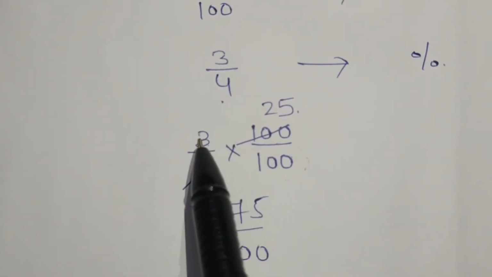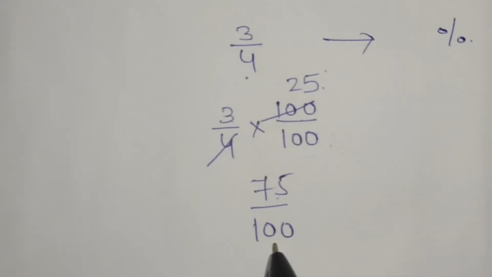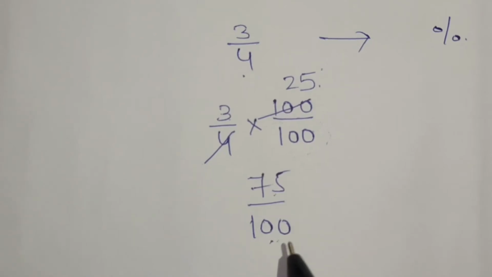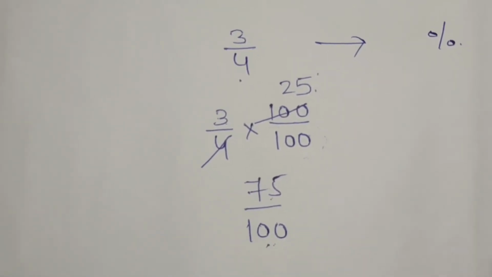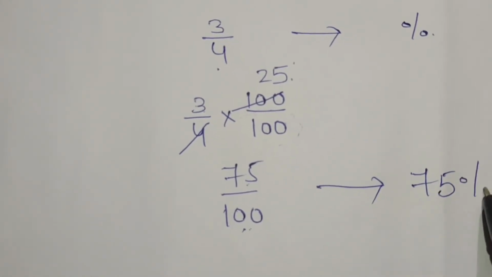I already told that the denominator value must and should be 100. So I can simply say 75 percentage.